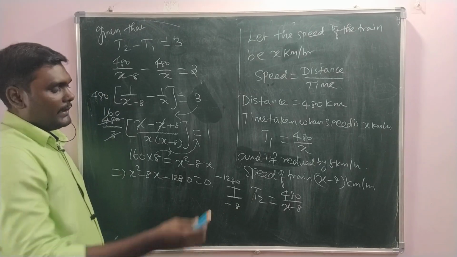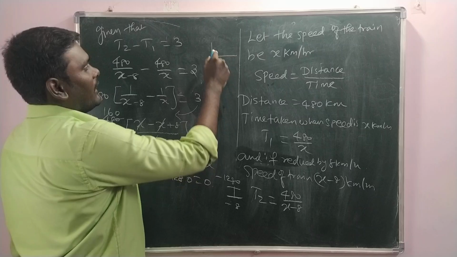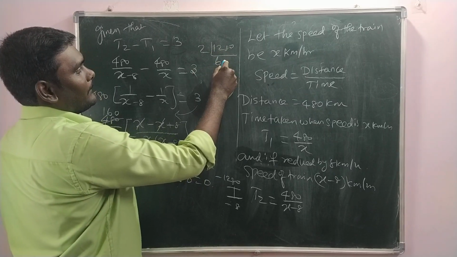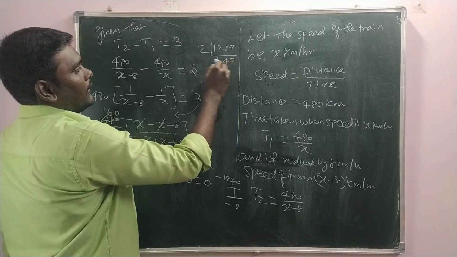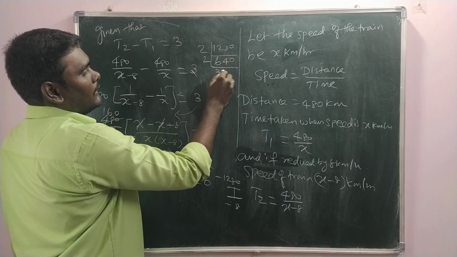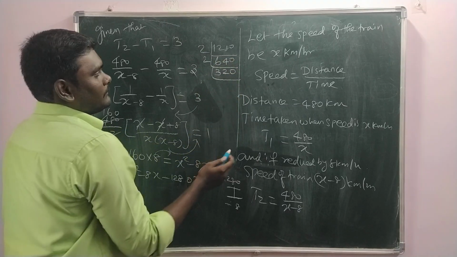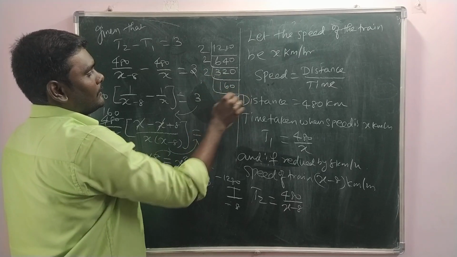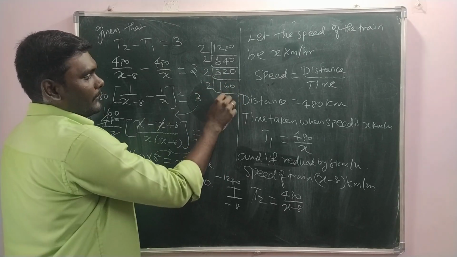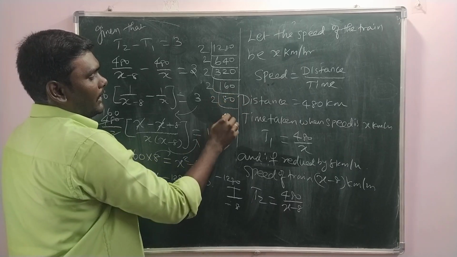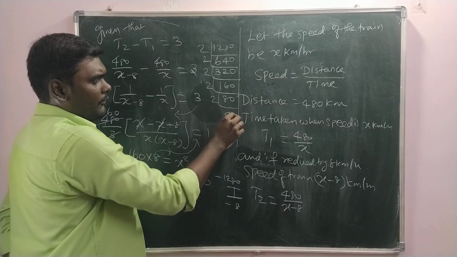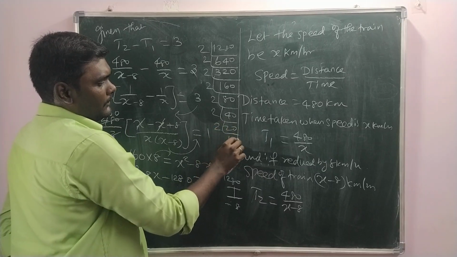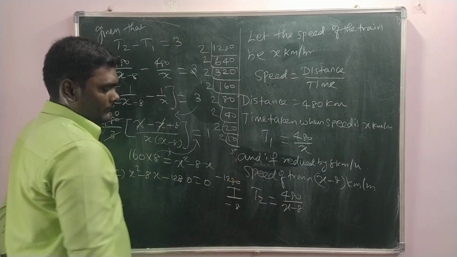If we can't find them, we can go with the prime factorization of 1280. That is 2 into 640, 2 into 320, 2 into 160, 2 into 80, 2 into 40, 2 into 20, 2 into 10, 2 into 5.